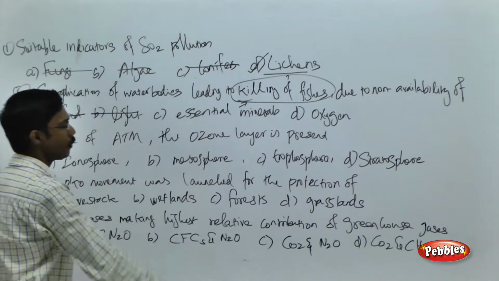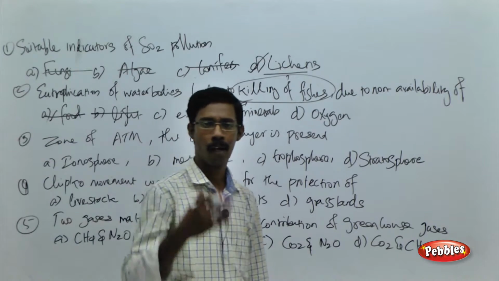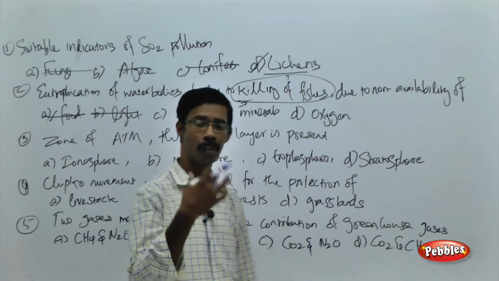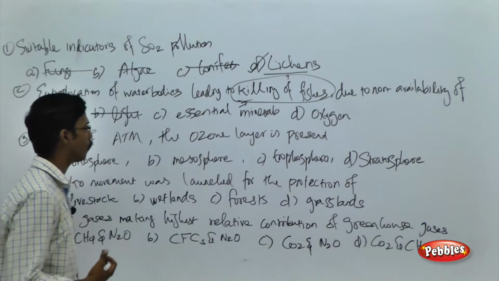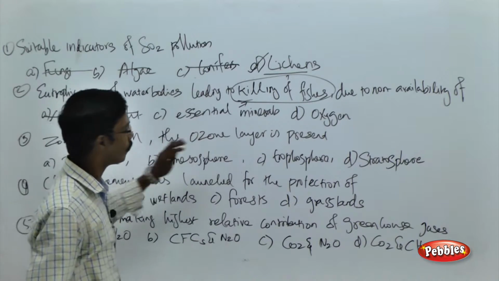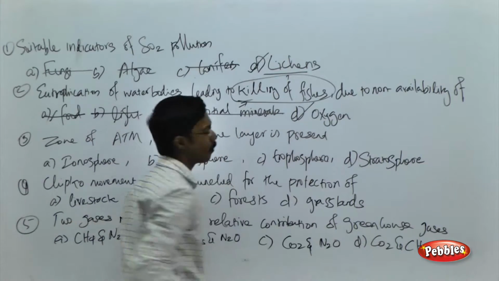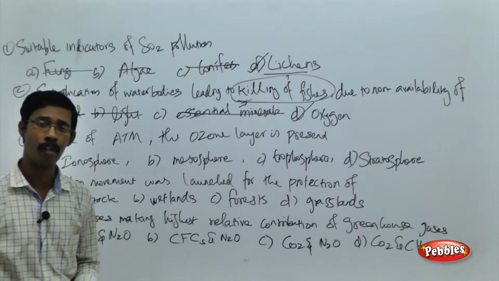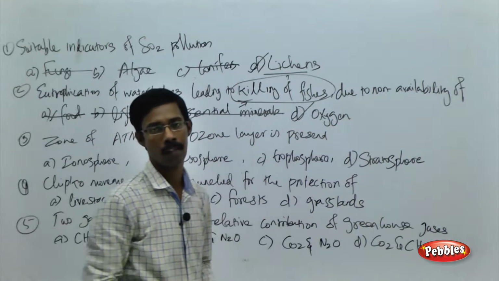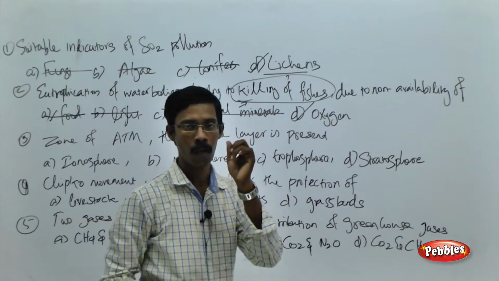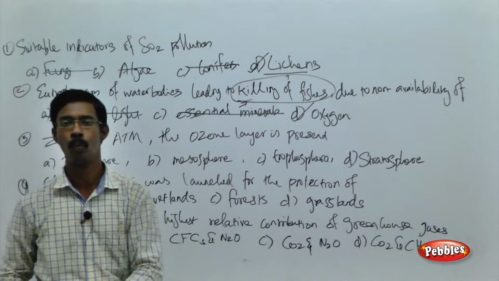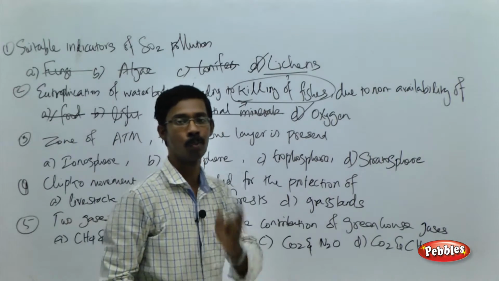Light, of course light is available because, as I told you, any pond system or water body receives light from the sun. Essential minerals, if food is available, the minerals are also available. So oxygen is the matter. The non-availability of enough oxygen leads to killing of the fishes in the particular pond. That is because of the eutrophication that leads to the killing of fishes.